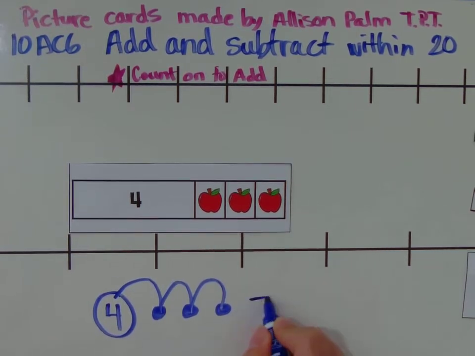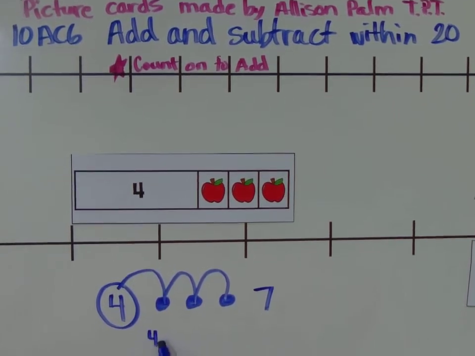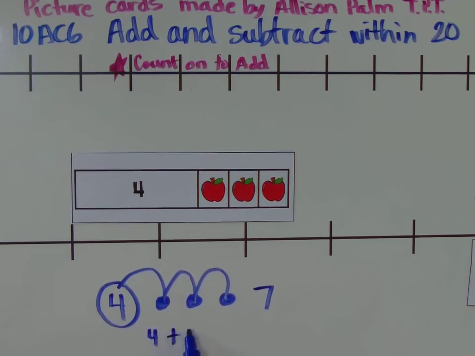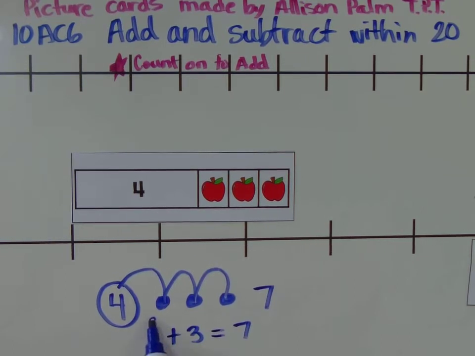So we know that our total of all the apples together is 7. We have 4 and added 3 more, totaling 7. 4 is a part, plus 3 is a part, and 7 is the whole or the total.